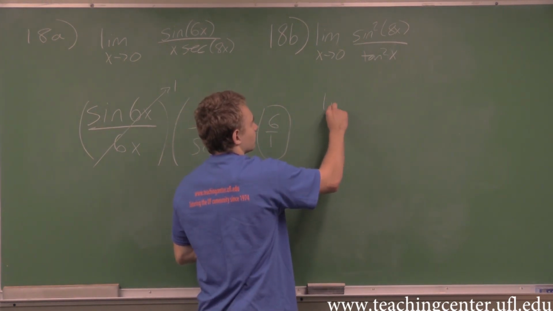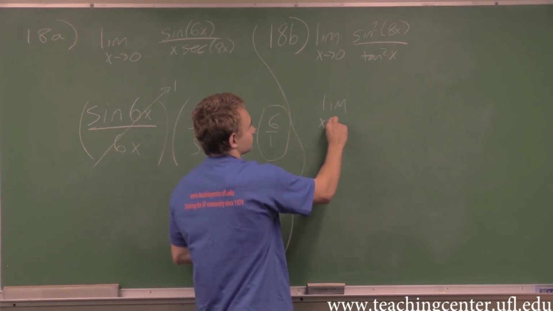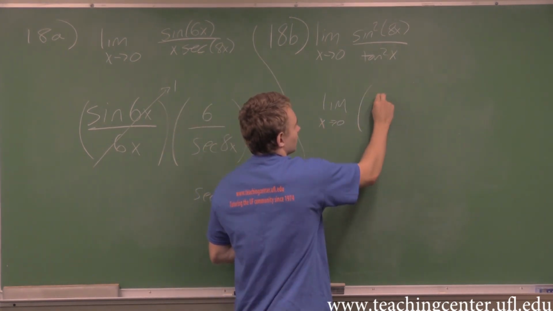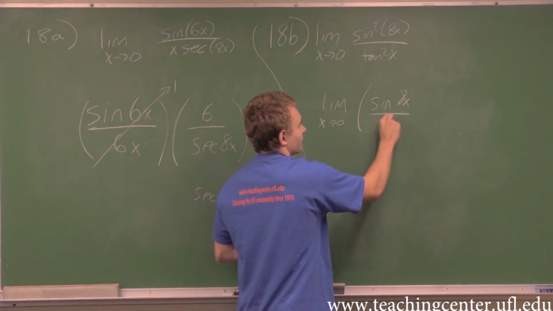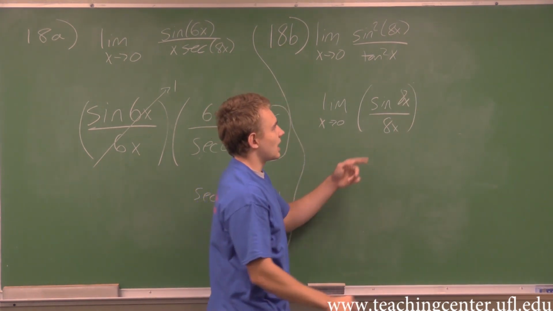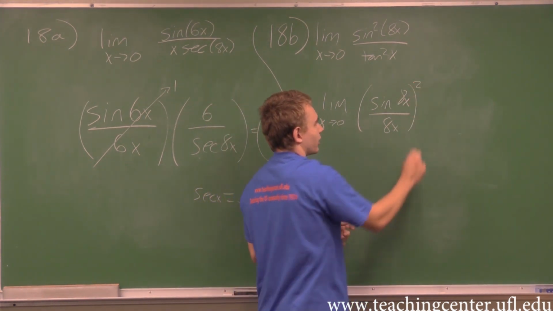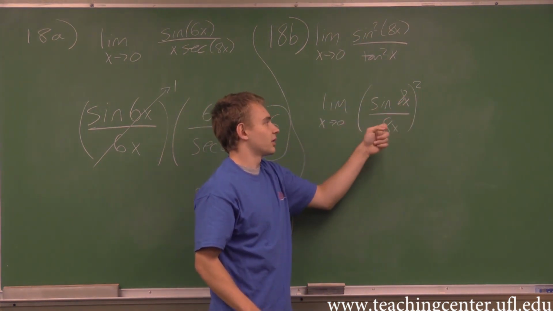So let's make that happen. So sine 8x divided by 8x, and then squared, because I have sine squared. If I didn't have sine squared, I wouldn't have this squared.